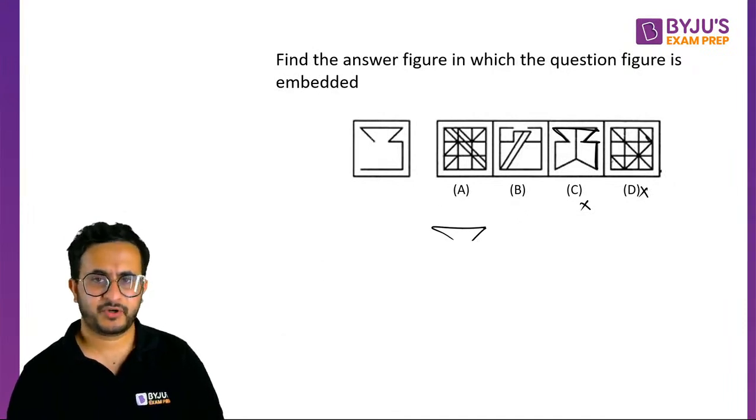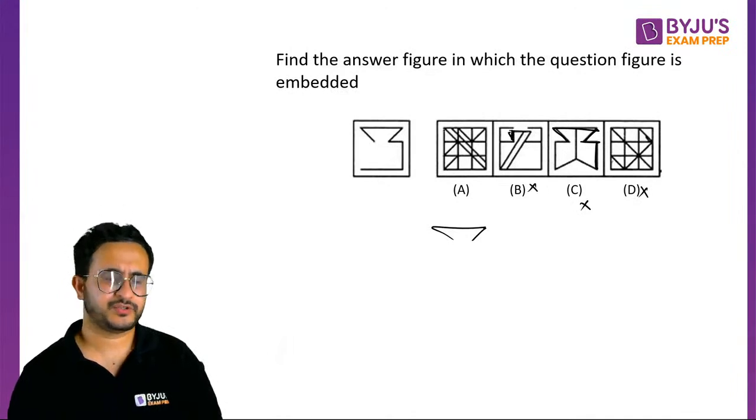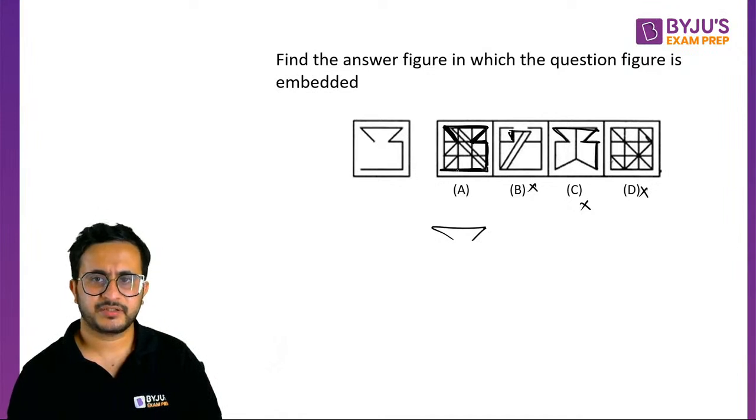We do not have this kind of shape on the top. It is a straight line. If it was like this, we could have still thought of it, but it is a straight line. It should be like this, right? So we can eliminate this. So this should be the answer. Now let us check this part, then this part, then this, then down, and then the left. So this is embedded like this.